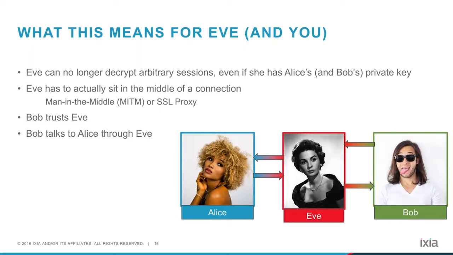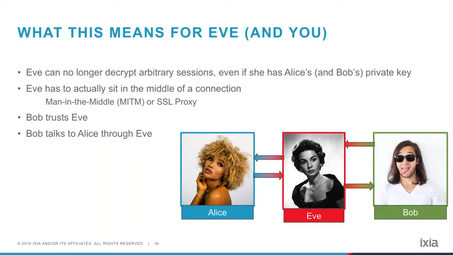Alice responds, and Eve responds back to Bob. So there are these independent pairs of encrypted connections between one endpoint and a proxy, and then between that proxy and the ultimate destination. And then it's the responsibility of the proxy to basically stitch these connections together.